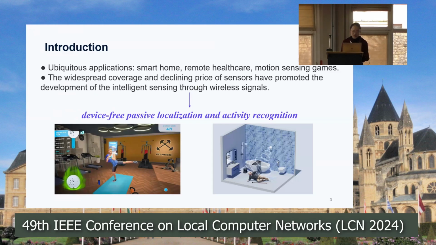Recently, the popularity of ubiquitous applications such as smart home, remote healthcare, and motion sensing games has made intelligent sensing technology a hot topic, the foundation of which is device-free passive human localization and activity recognition.